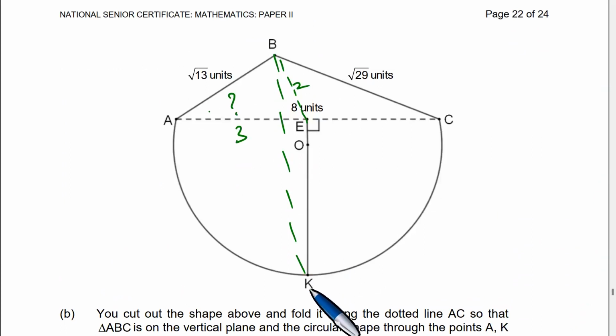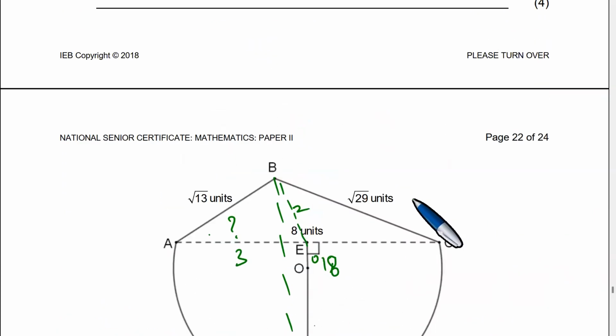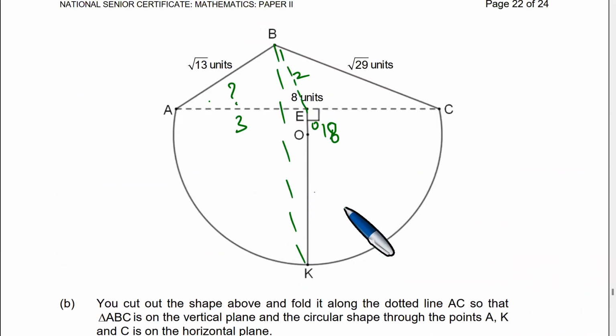Because you know this one is 0,8 and this one is 4, so 4,08, this is 0.8.